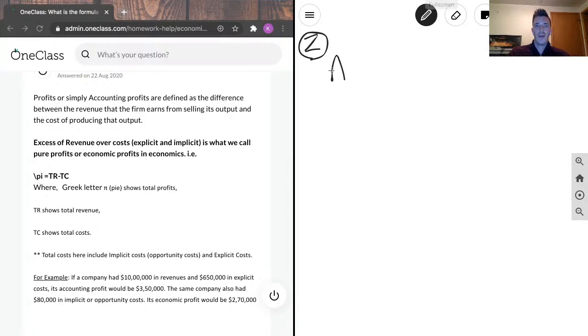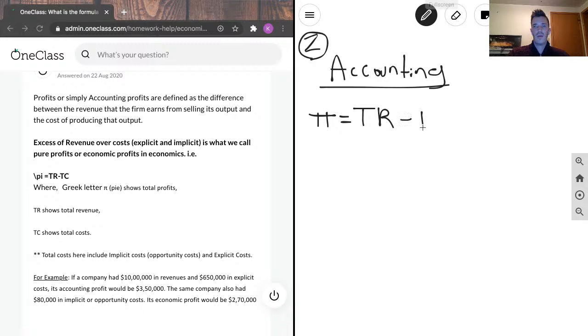So accounting profits are what you think of when you normally think of profits. So here for accounting, we would say that the profit denoted by pi is equal to the total revenue minus the total cost.